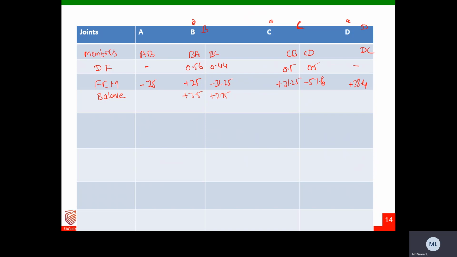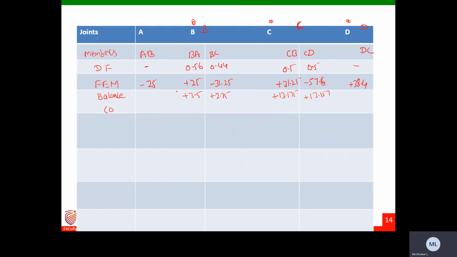Minus 26.35 multiplied with 0.5 and again with 0.5, you will get 13.175, plus 13.175. This also is plus 13.175.